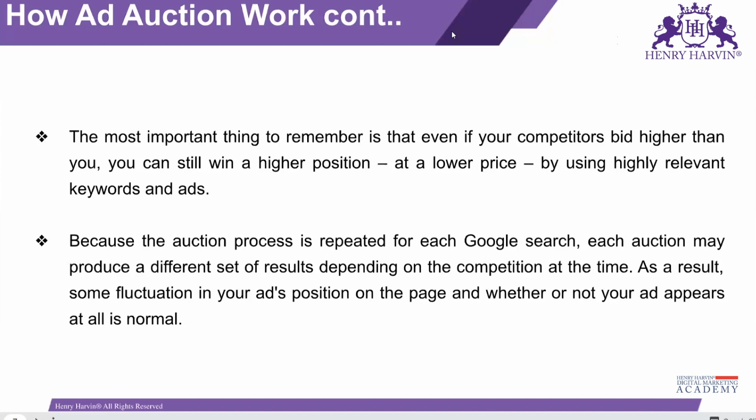So this is how auctions happen, and this is a dynamic thing. The ad rank position keeps changing, and the speed of Google's database and services is high enough to calculate everything and show the ad. As a result, some fluctuation in your ad position on the page, and whether or not your ad appears at all, is normal. So the position of the ad will change over time on the basis of these calculations.